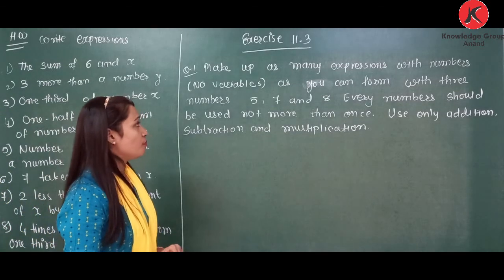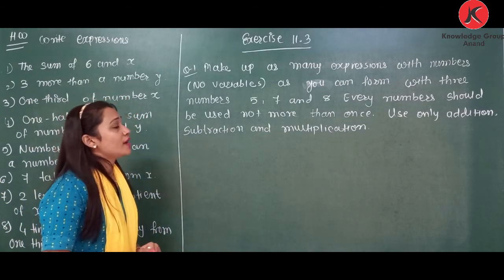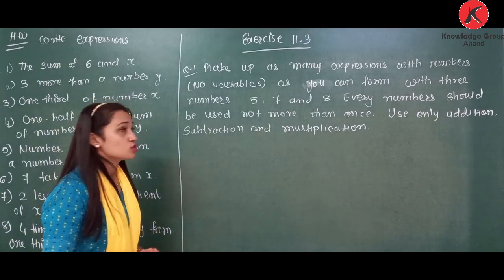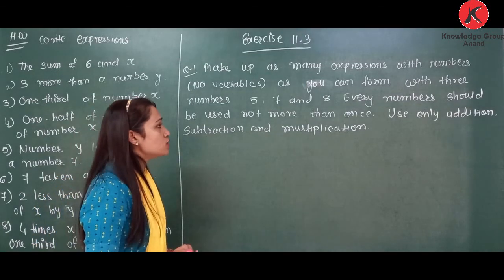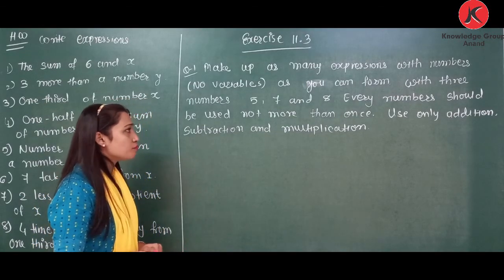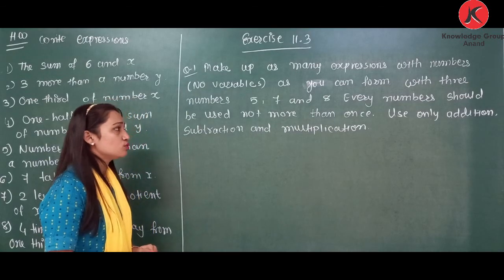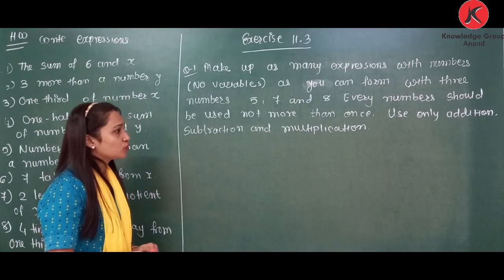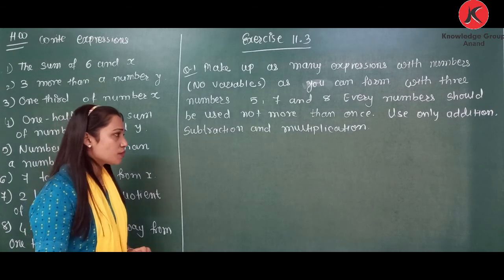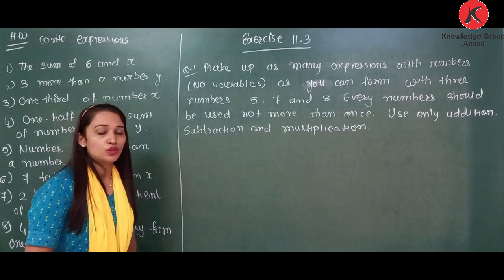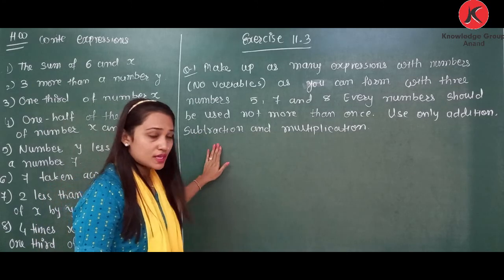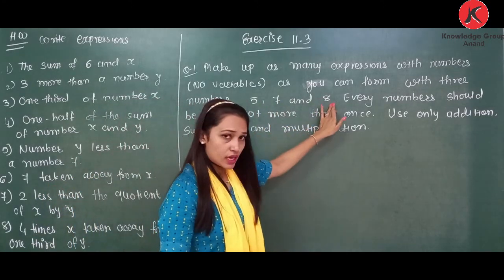Question number 1. Make up as many expressions with numbers, no variable, as you can form with 3 numbers 5, 7 and 8. Every number should be used not more than once. Use only addition, subtraction and multiplication. So here 3 numbers are given, 5, 7 and 8.